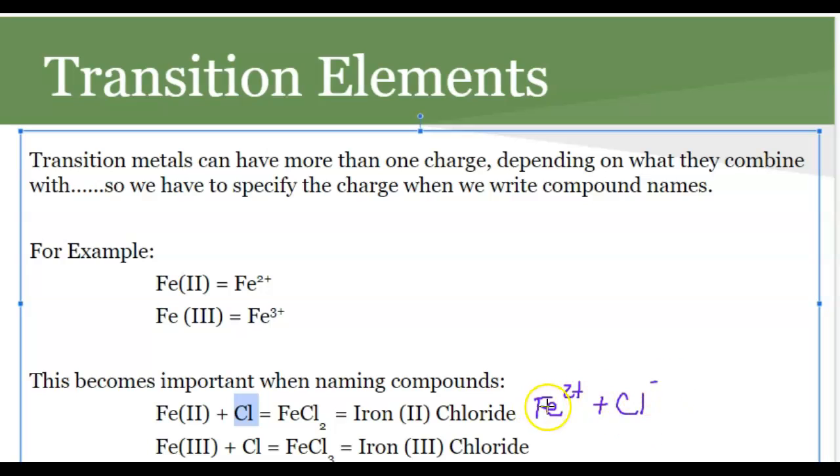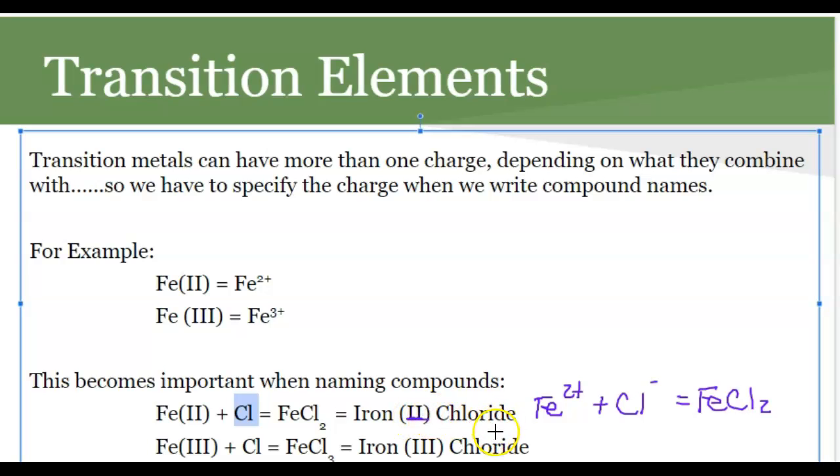So using our crisscross method, I can make the formula FeCl2. And that tells me that Fe must have a +2 charge to kind of balance out the -2 charge of chlorine. And if I'm going to name it in words, I'd say iron 2 chloride.